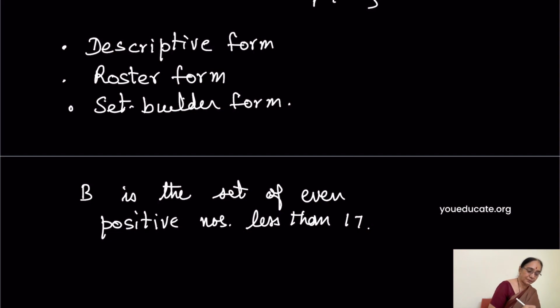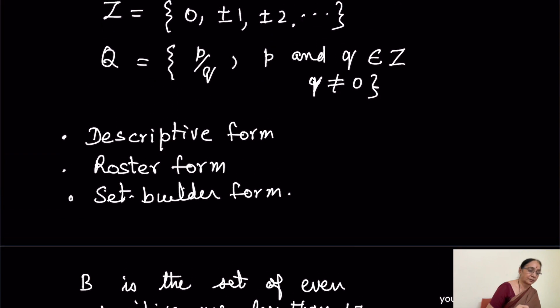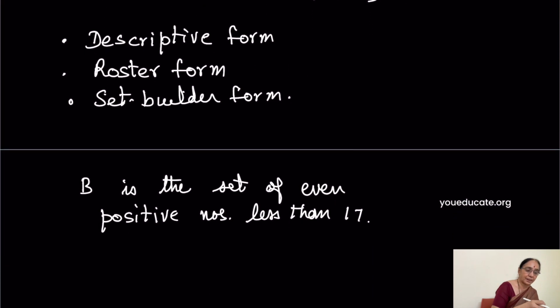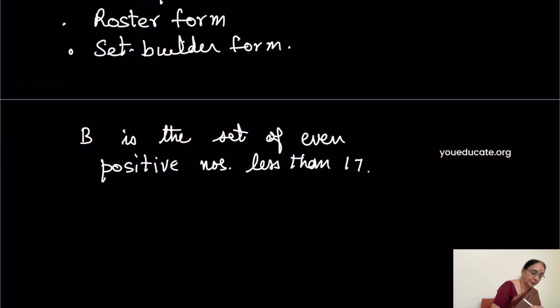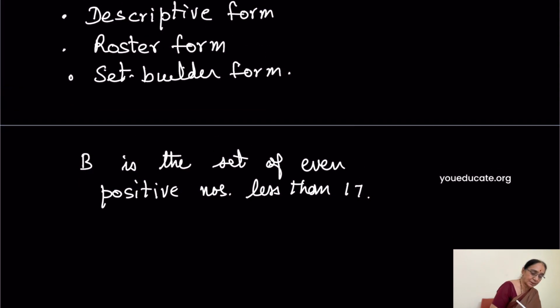Now next, roster form is listing the set, listing the elements of the set one after the other, just like how we did for the earlier examples A, N and Z. So this is descriptive, what I explained. Now roster.